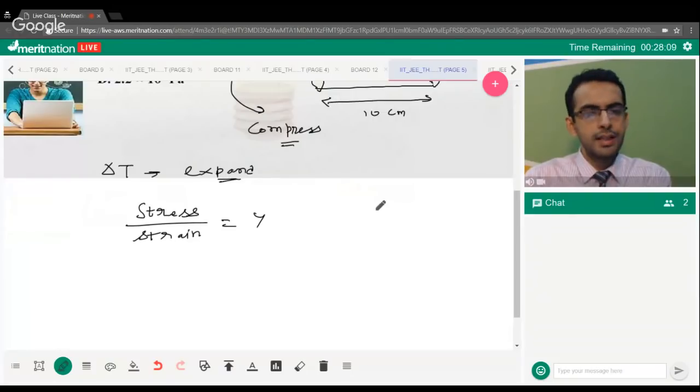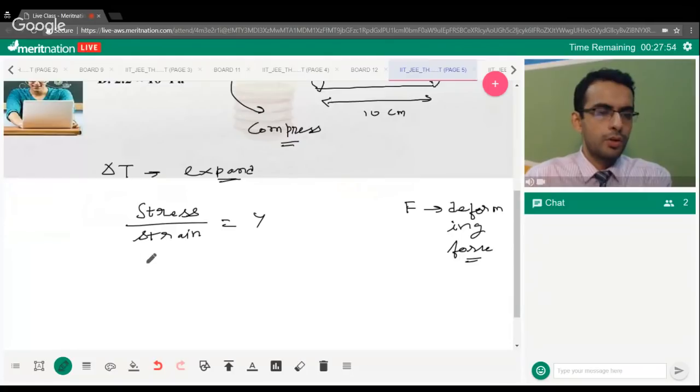Let's say that F is a deforming force that has to be applied. So F over A divided by strain delta L over L is equal to Y.